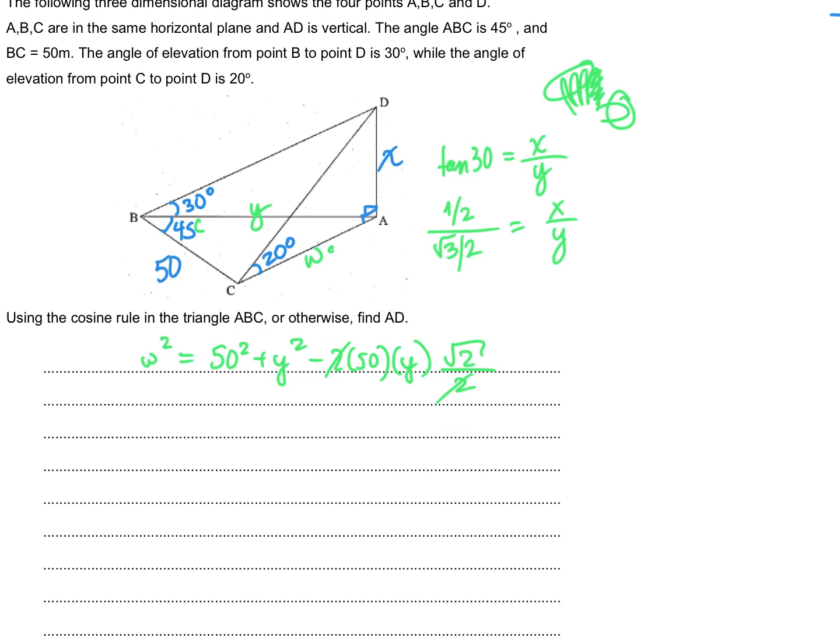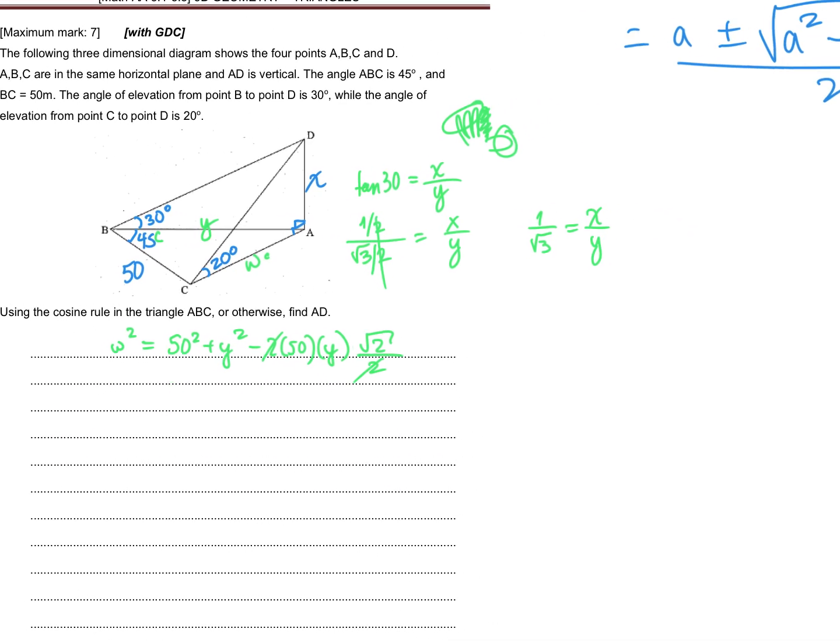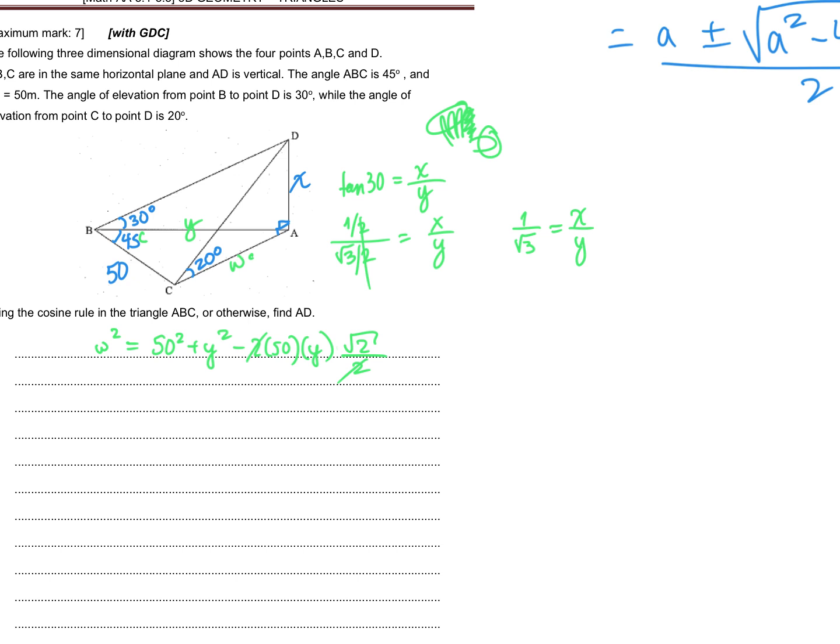So the 2's will cancel, so 1 over root 3 is x over y. And we're going to solve for y here. So if you cross multiply, you've got y equals root 3 x. Okay? So I'm actually going to put that in here.